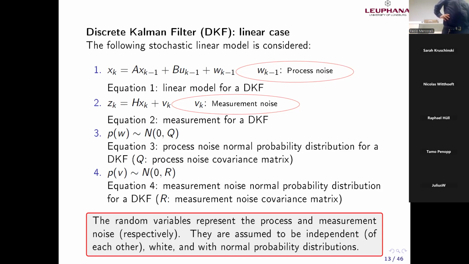This is a little difficult to understand for non-engineers. And independent means that W and V are not dependent on each other. Let me look if I forgot to say something.